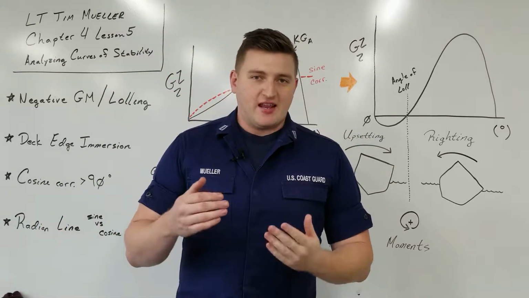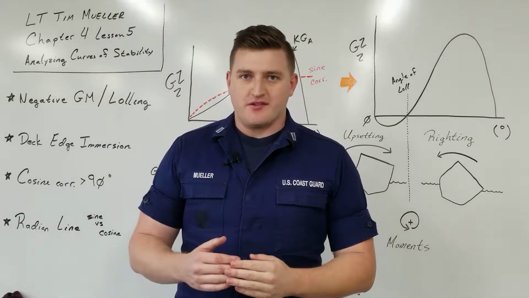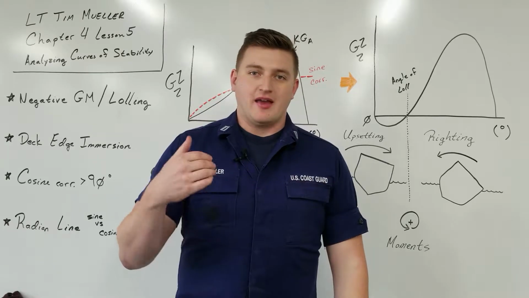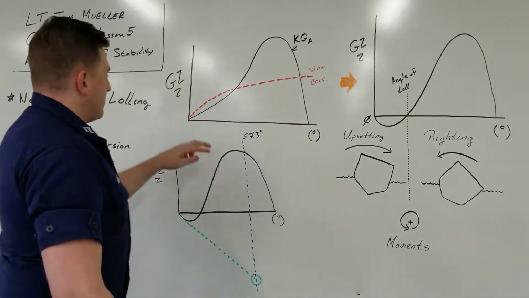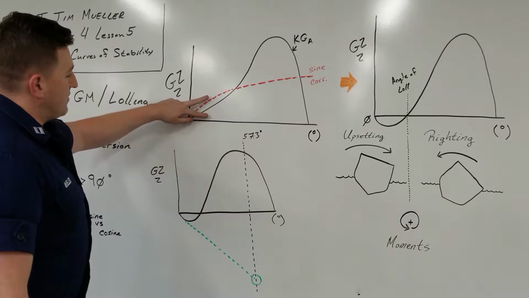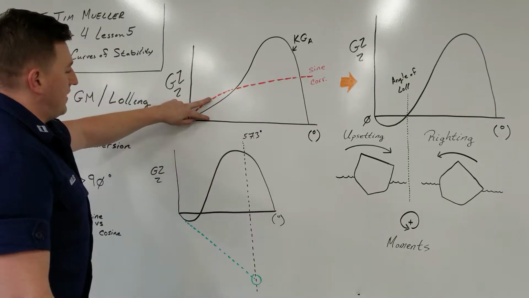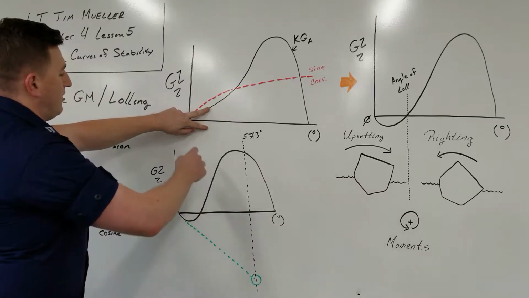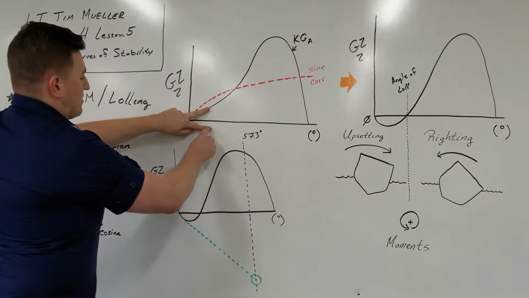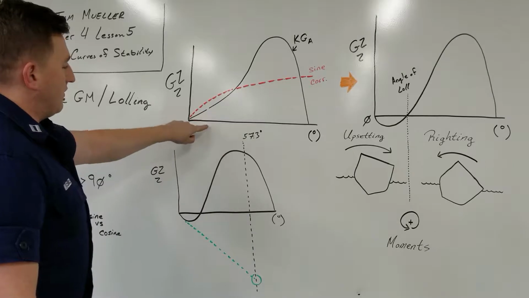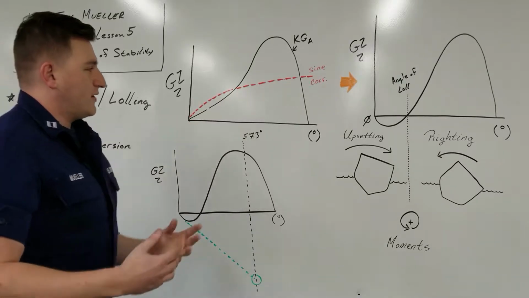Well, we know that we have to take the value of our sine correction and subtract it from our original curve. So right here, if we use dividers, we know that this value here is from the axis up to our sine correction. And if we subtract that from this point here, we would get a dot below the axis, which would mean this value here would be negative. What does that mean?